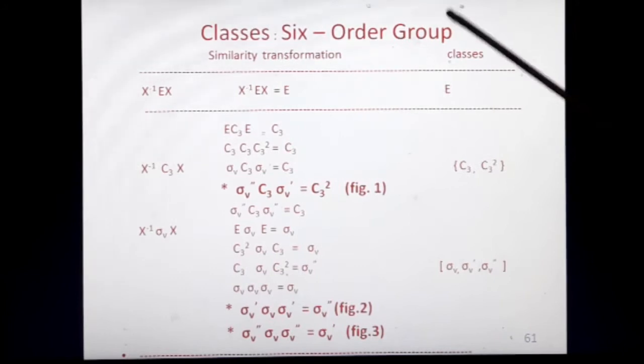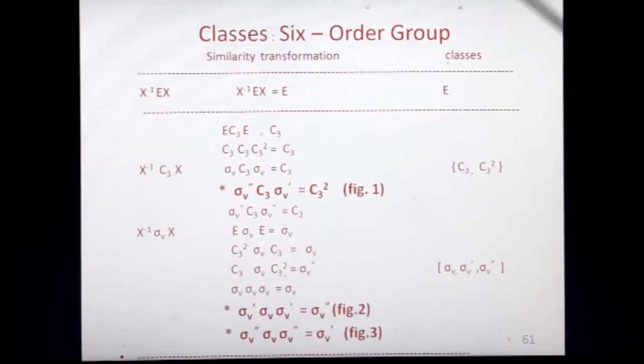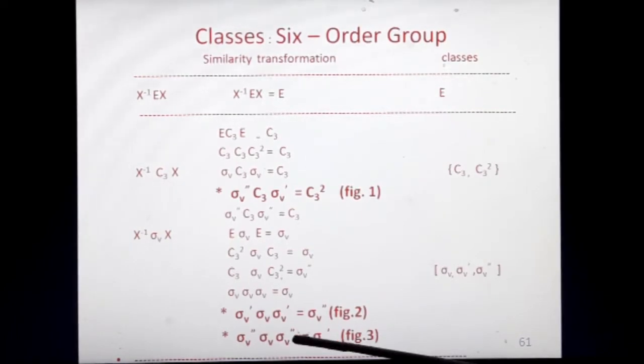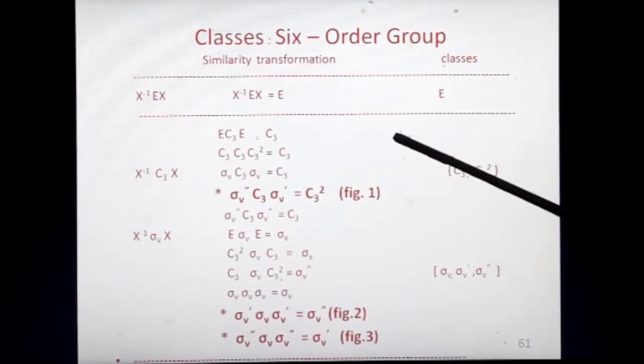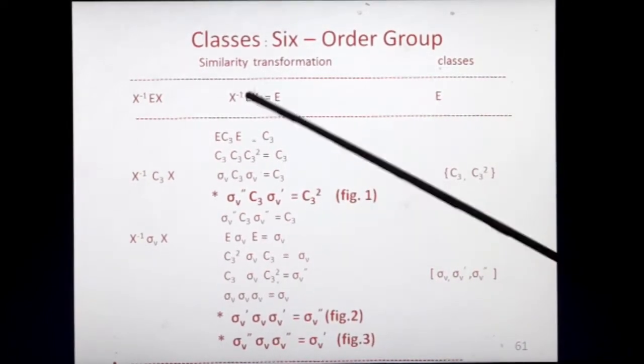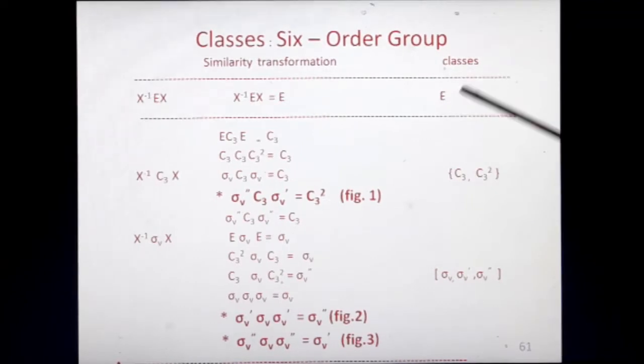For this 6th order group, the C3v group, these are the various similarity transformations of all the elements of the group, and these are the classes of the group. In this, the E element operated with every element and its inverse gives the E element. So E is a separate class of any point group.